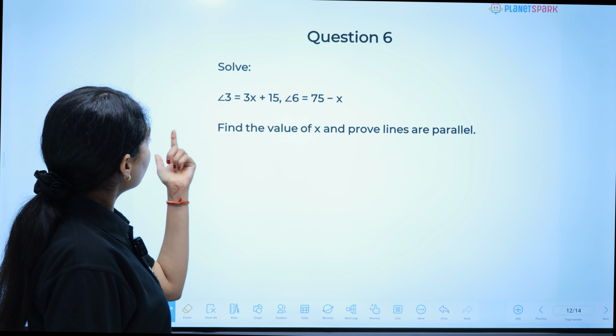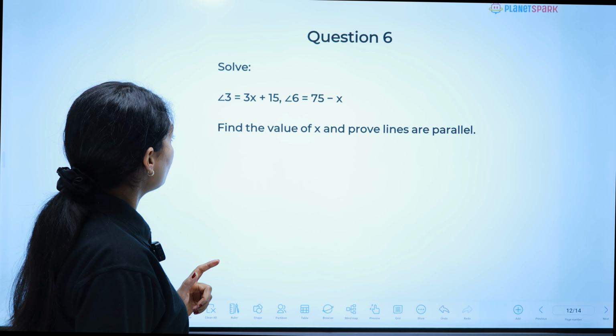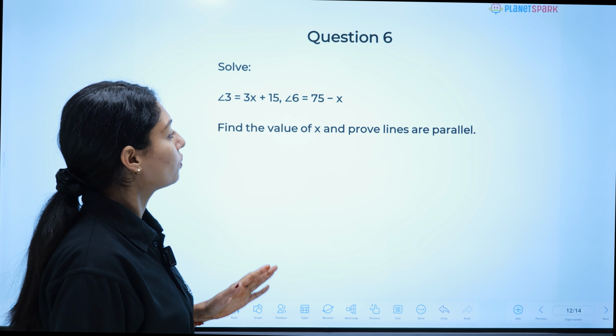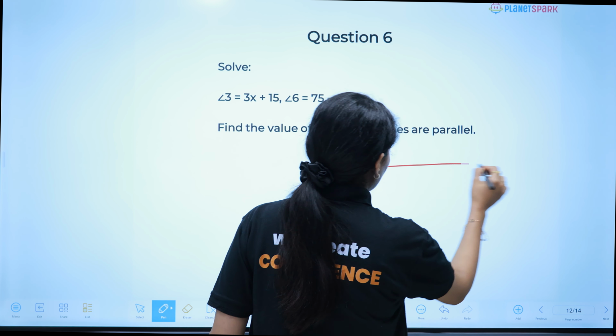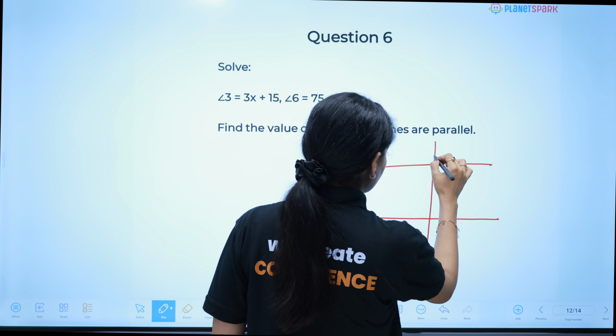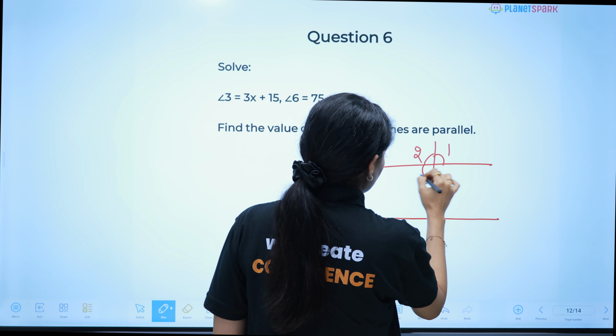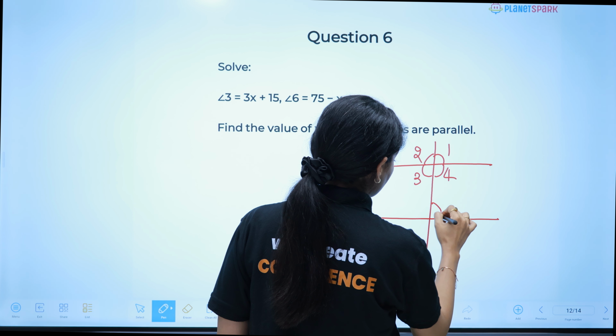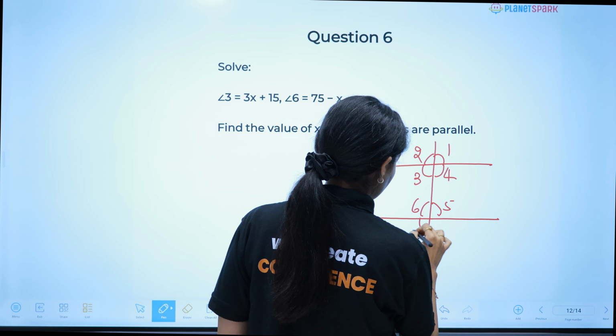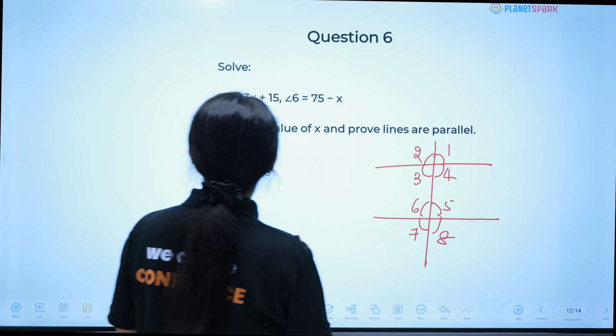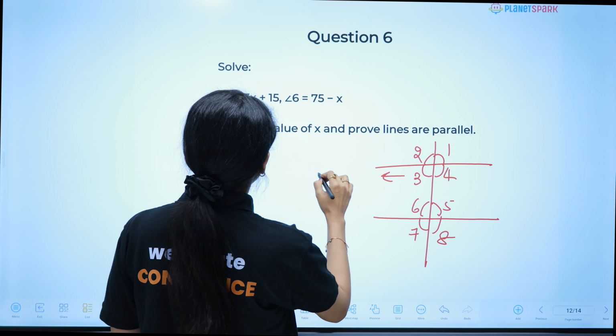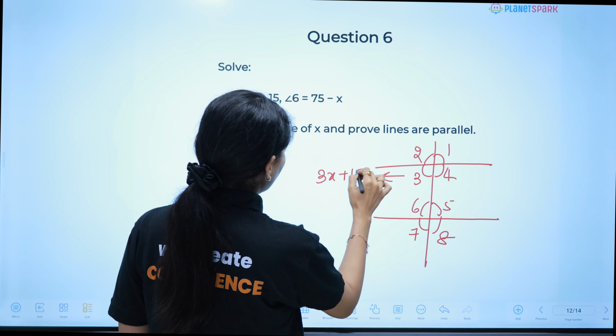Solve this. Angle 3 is 3x plus 15, angle 6 is 75 minus x. Find the value of x and prove the lines are parallel. Okay then. Angle 3 is given to us as 3x plus 15.